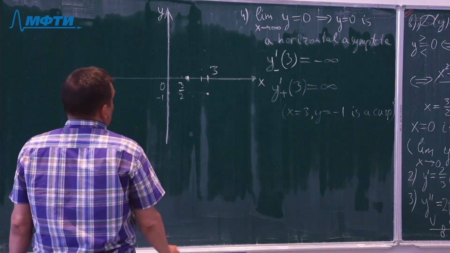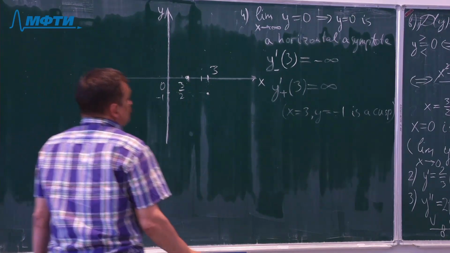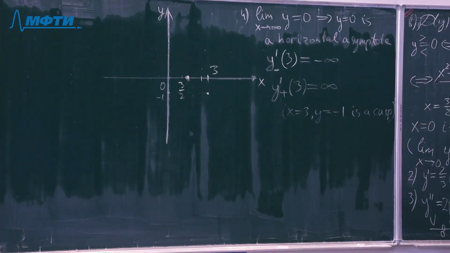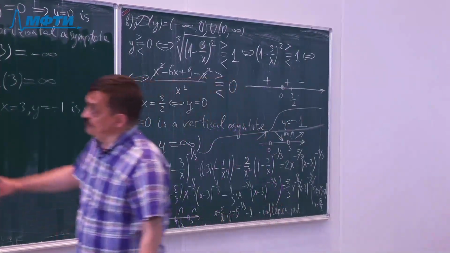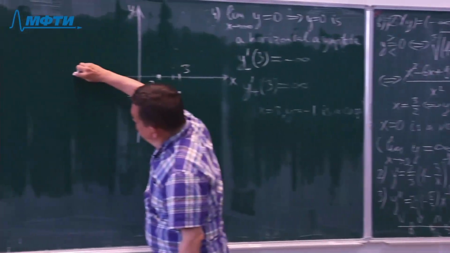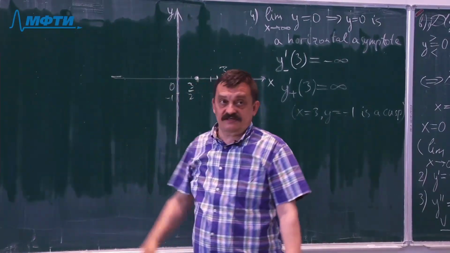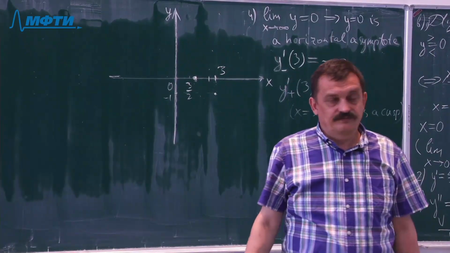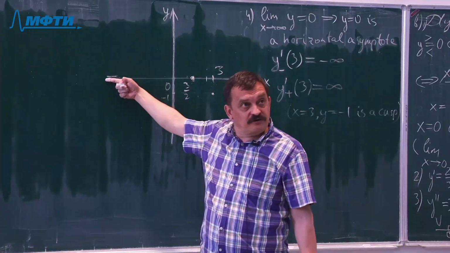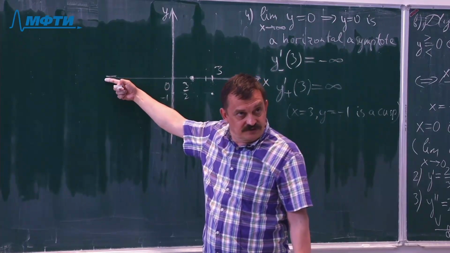So you see, the function is positive for negative x. Hence, it approaches the x-axis from above because it is positive, and y equals to 0 is the horizontal asymptote.